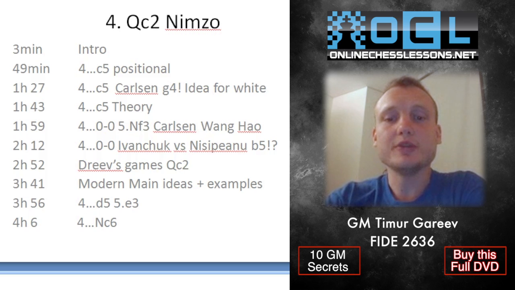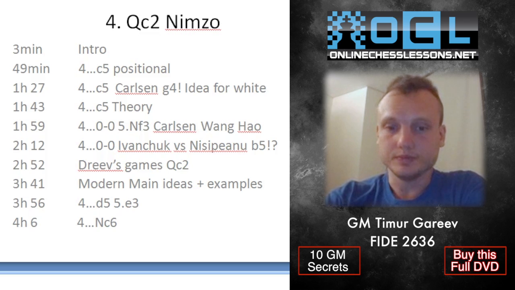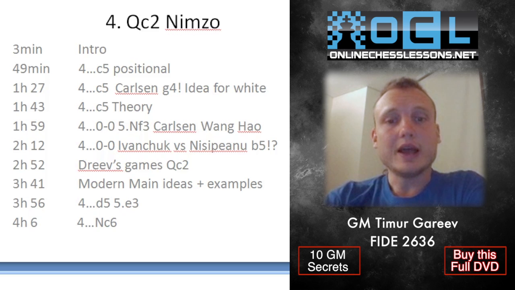You're going to see some b5 gambit systems. We're going to learn how Gareev uses Qc2 to beat a lot of his grandmaster level opponents. Then modern ideas are powerful lines that are used nowadays extensively, and so on and so forth.